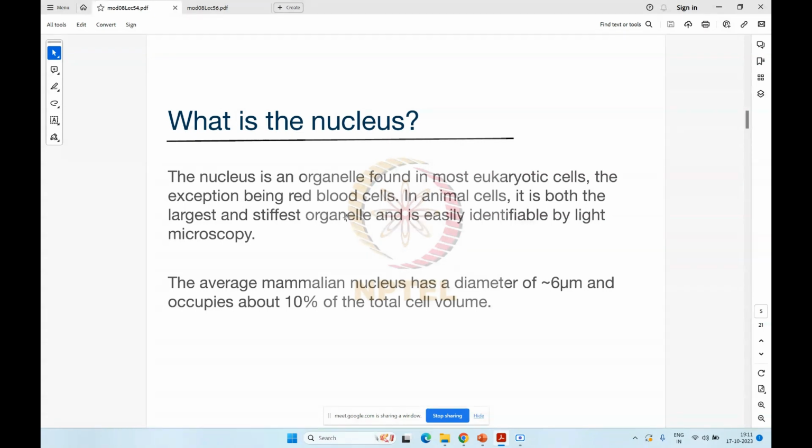Also, if the cell has to migrate through a mesh of, say, ECM or extracellular matrix, the maximum force that a cell would feel would be because of the nucleus, because it will basically jam the cell. So deforming the nucleus becomes very difficult during migration.